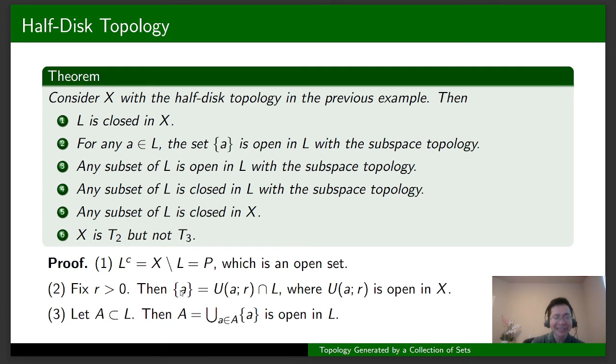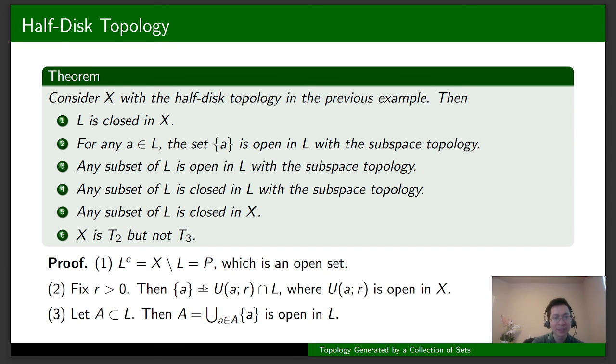Now, each single point set {A}, where A belongs to L, is open in L with the subspace topology because it's the intersection of U_{A,r} and L, where U_{A,r} is open in X because U_{A,r} belongs to B, so it is open in X. Okay, so by the definition of the subspace topology, this single point set is the intersection of an open set in X with L. Therefore, this set is open in L. Okay.